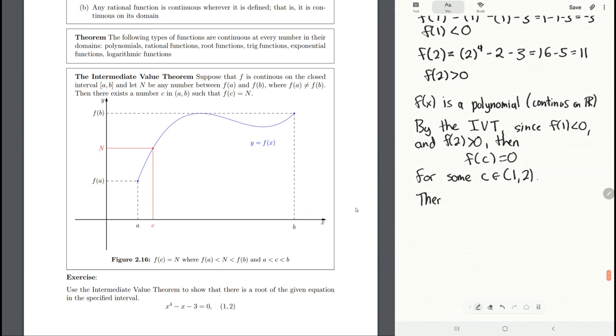So that tells us that the equation x to the power of 4 minus x minus 3 equals 0 has a root on the interval from 1 to 2.